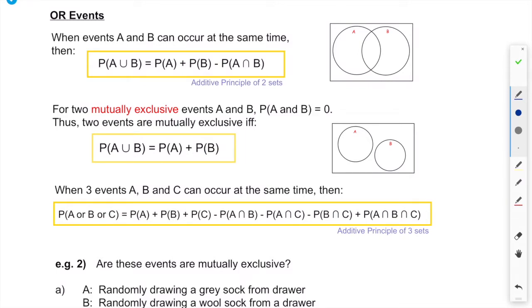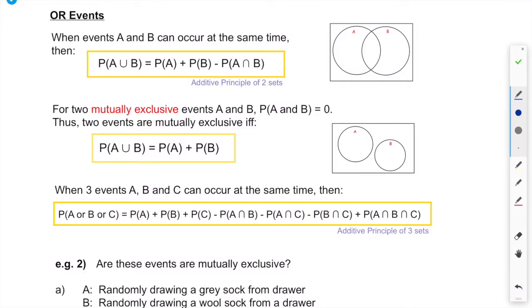And for two mutually exclusive events, you can think of disjoint sets when you represent that on the Venn diagram. You would know that the intersection of the two events is a null set. It's nothing. So the value of P of A and B would be 0 anyway.